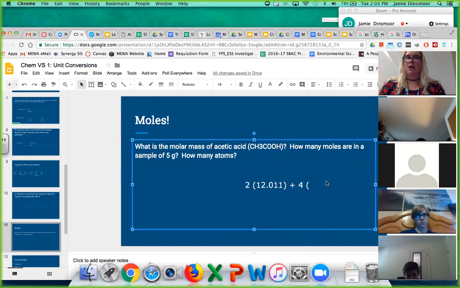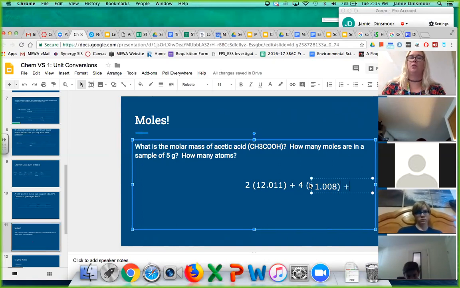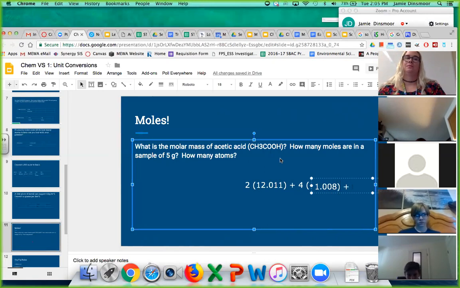So we would write 1.008 for our hydrogens, and then our final element in our compound is oxygen. And how many oxygens do we see? Two.